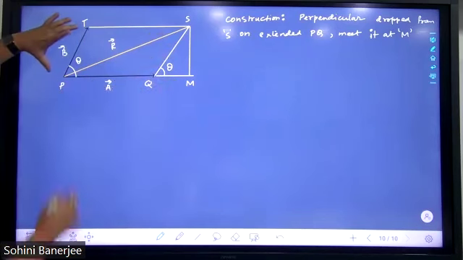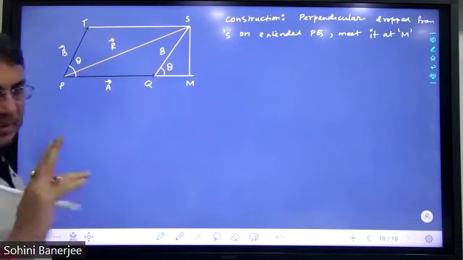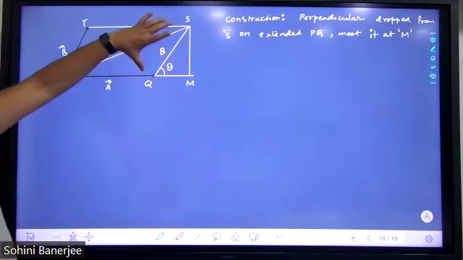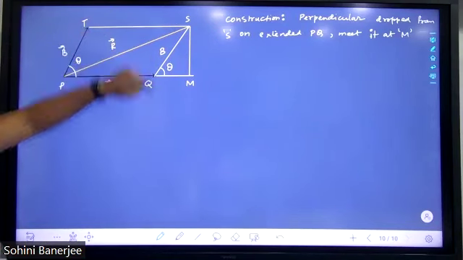Now if PT is representing B, then QS is also B, as opposite sides of the parallelogram. Clear? So this QS is B because PT is B. Now this is theta, this angle is also theta.